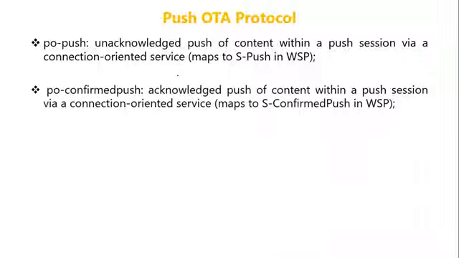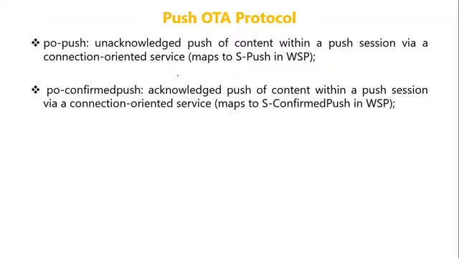Next we shall discuss the push OTA protocol. There are some service primitives available for the push OTA protocol. These are PO push. PO push represents unacknowledged push of content within a push session via a connection oriented service. PO confirmed push represents acknowledged push of content within a push session through a connection oriented service.